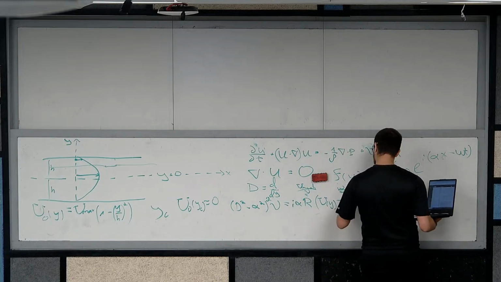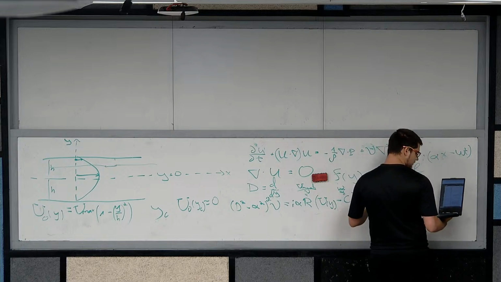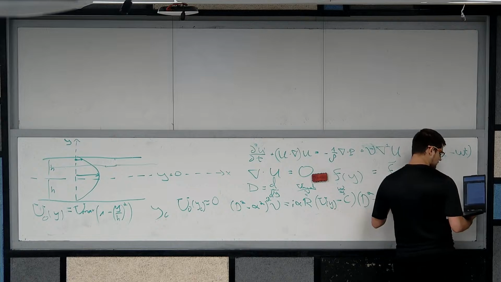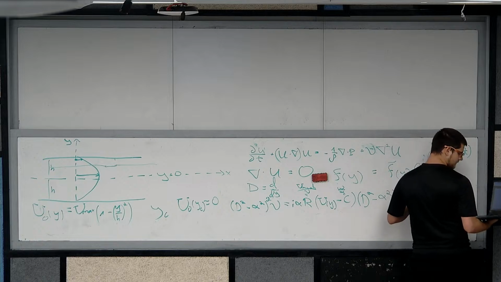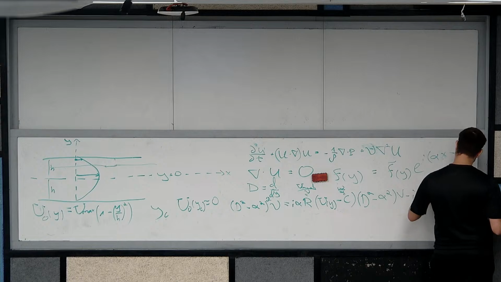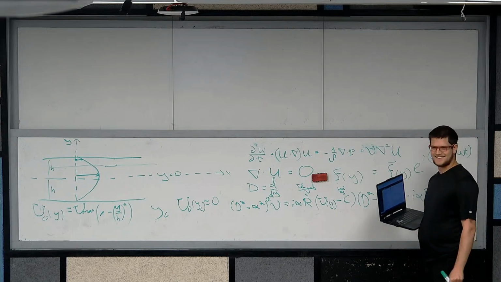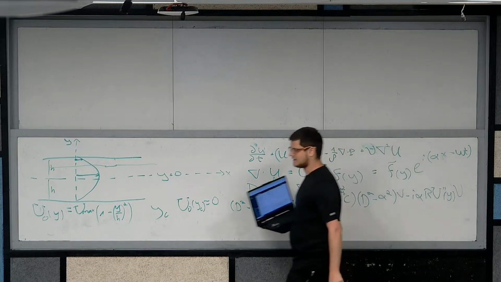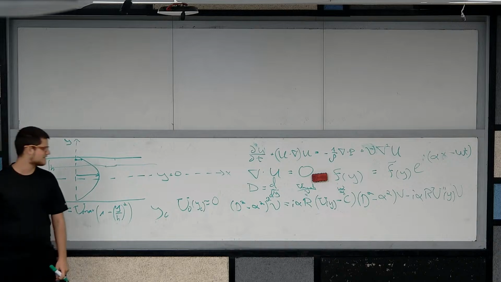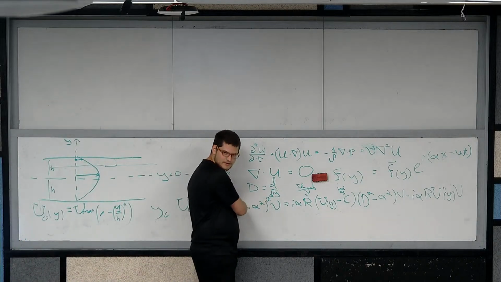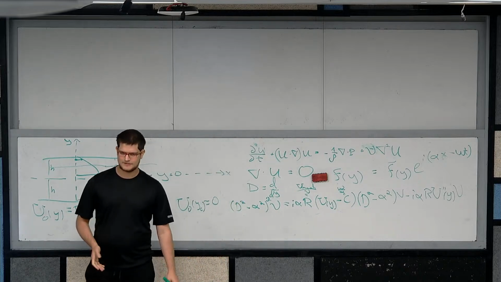And now times D squared minus alpha squared V, minus i alpha R U double prime (y) V. Okay, that is the equation. What is the order of that equation? Four, exactly, because we have the squared and we have the fourth derivative.